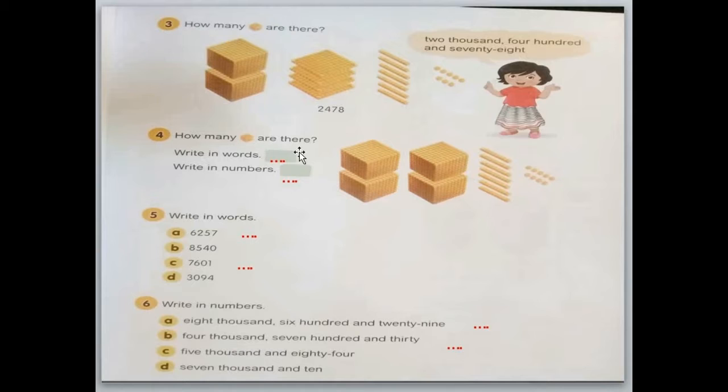Okay, now we go to number 4. How many boxes are there? Look at over here. How many cubes here? We have 1, 2, 3, 4, right? Okay, so first let's write down the number one by one. We have 4, and then over here 1, 2. Oh wait, do you see any plate here? There's no plate. Because there's no plate, or there's no number for the hundreds, we write down 0.